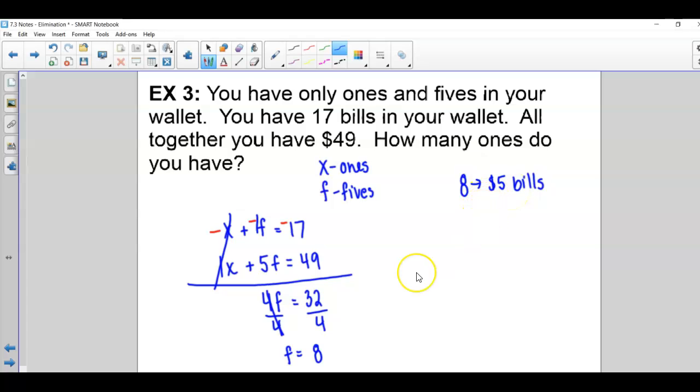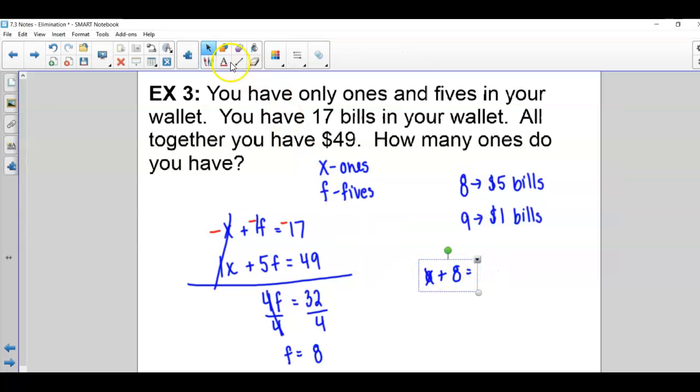How many ones do I have? 9. I've got 9 $1 bills. Okay. Now, if you need to plug it back into the equation there, you can say 8 plus x equals 17. Subtract your 8.